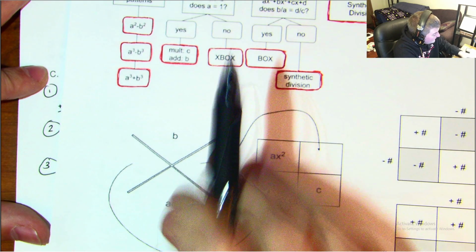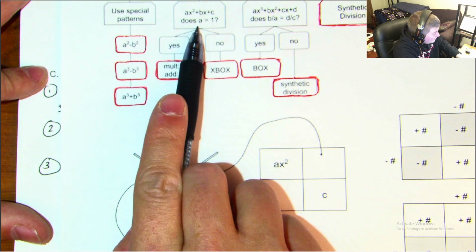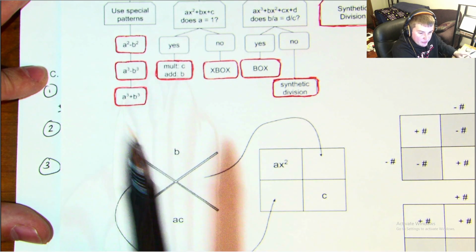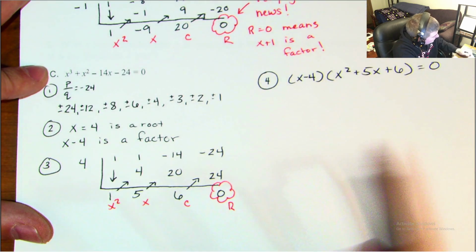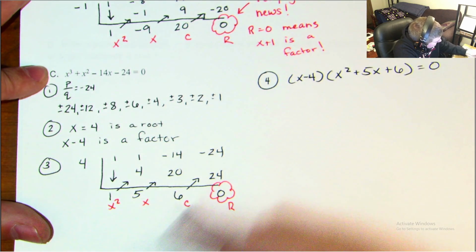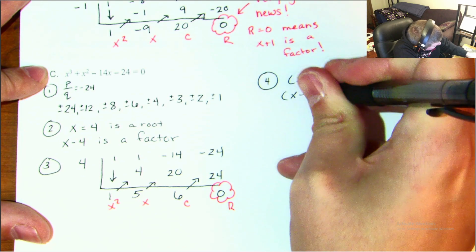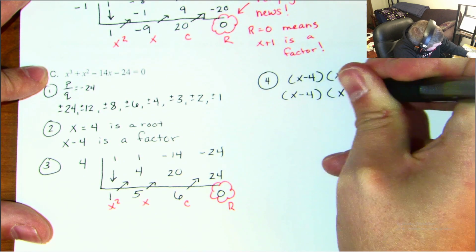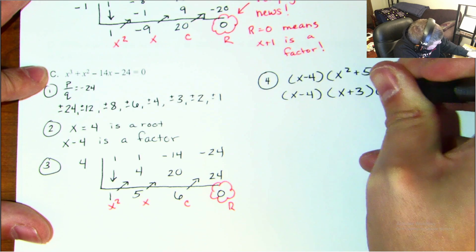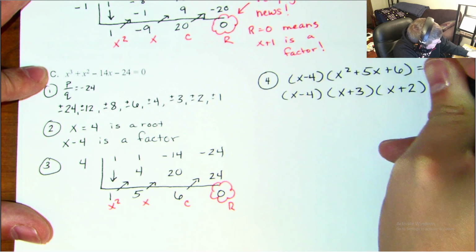There's no greatest common factor. My a value is 1, so I'm just looking for numbers that multiply to c and add to b. That's going to be 3 and 2. So x minus 4 times x plus 3 times x plus 2 is equal to 0.